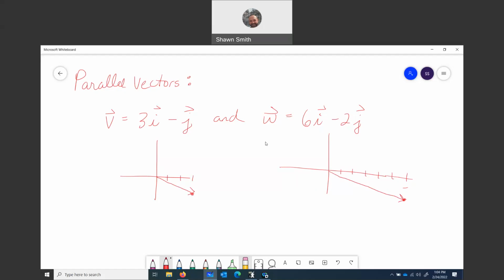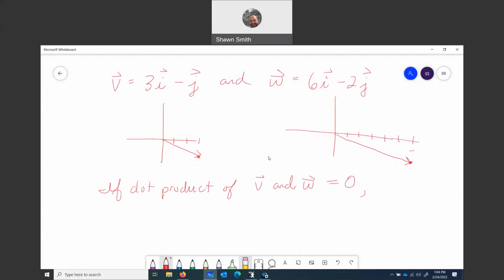So algebraically, to prove this, we're going to do this using the dot product. So if the dot product of v and w equals 0, then this proves v and w are parallel.